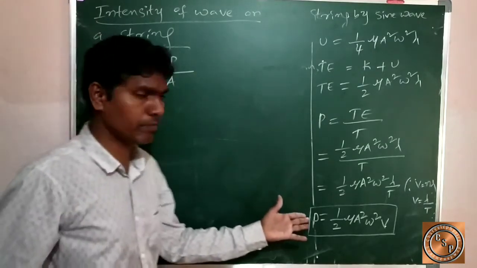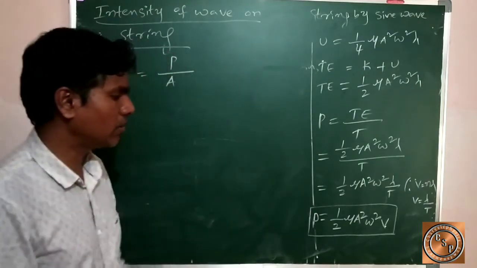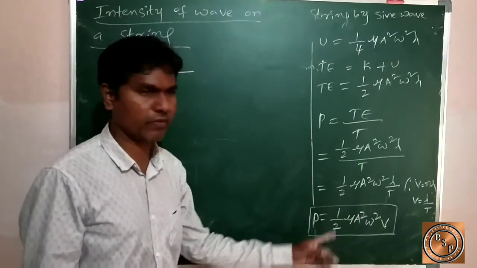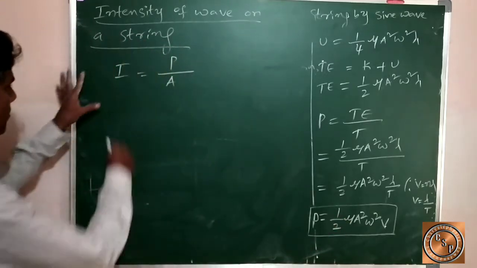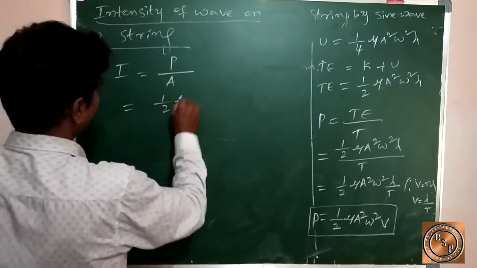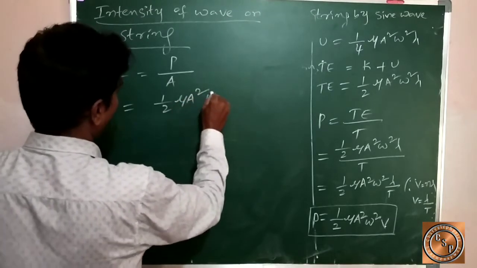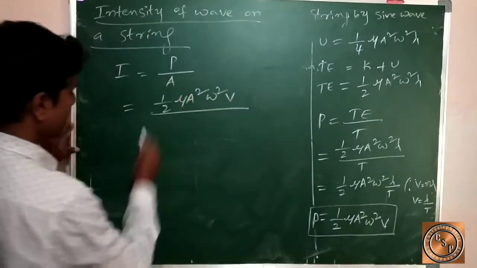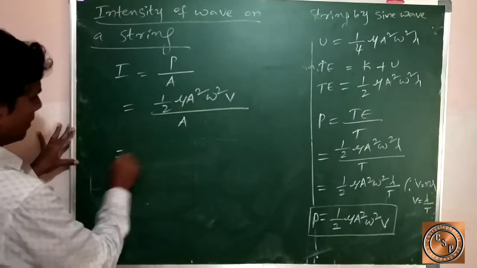We know the formula power P equal to 1 by 2 mu a square omega square V. We can substitute that here. That is equal to 1 by 2 mu a square omega square V divided by A.